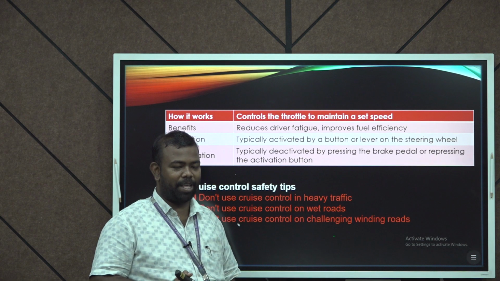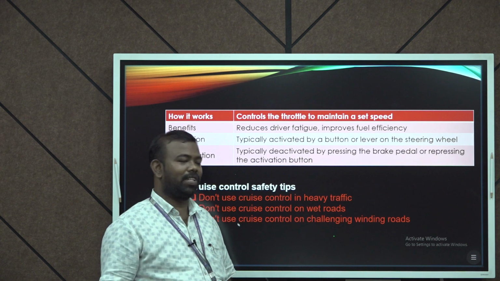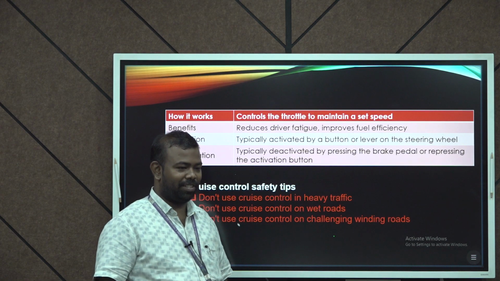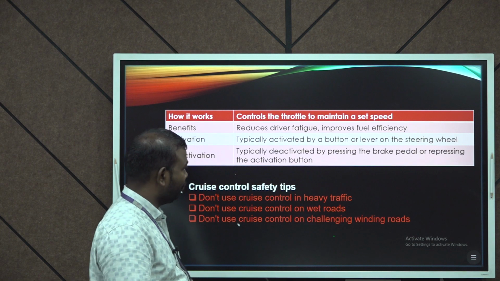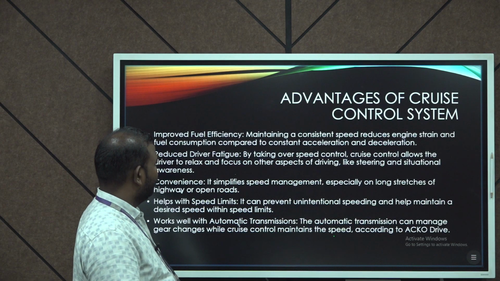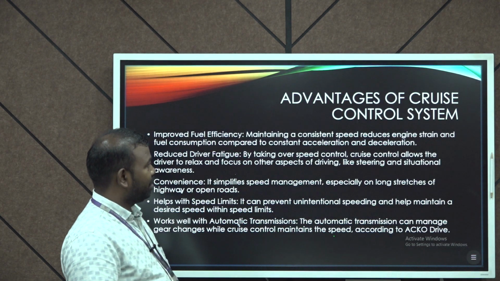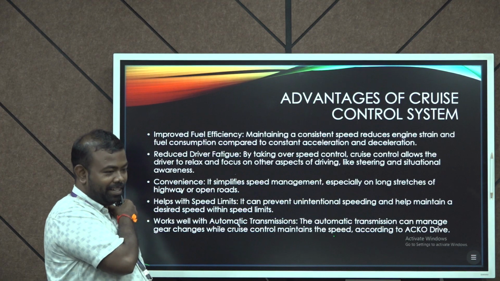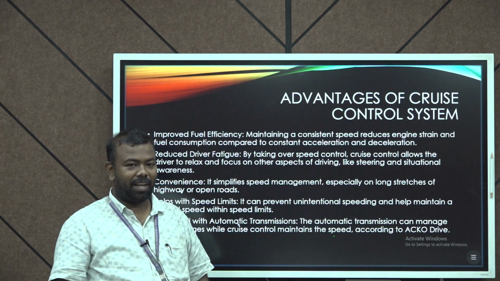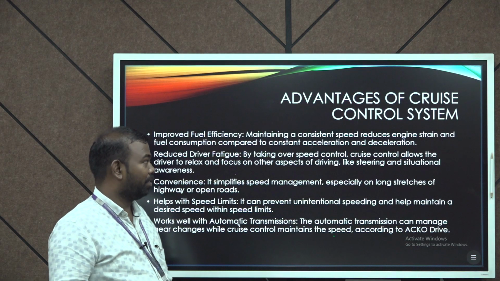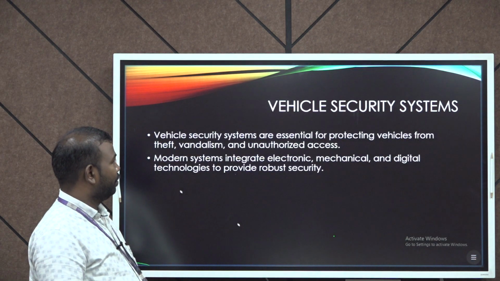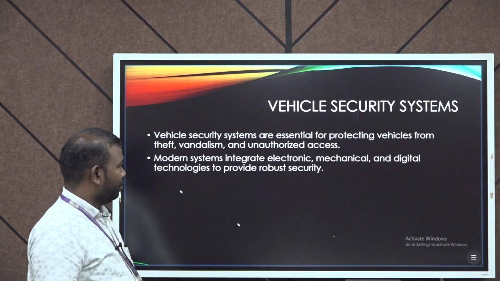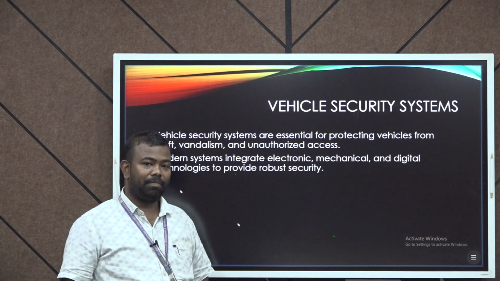Otherwise, if we apply the brake, cruise control will stop the automatic mode. These are the advantages of the cruise control system. It is advisable to use it on highways, right.